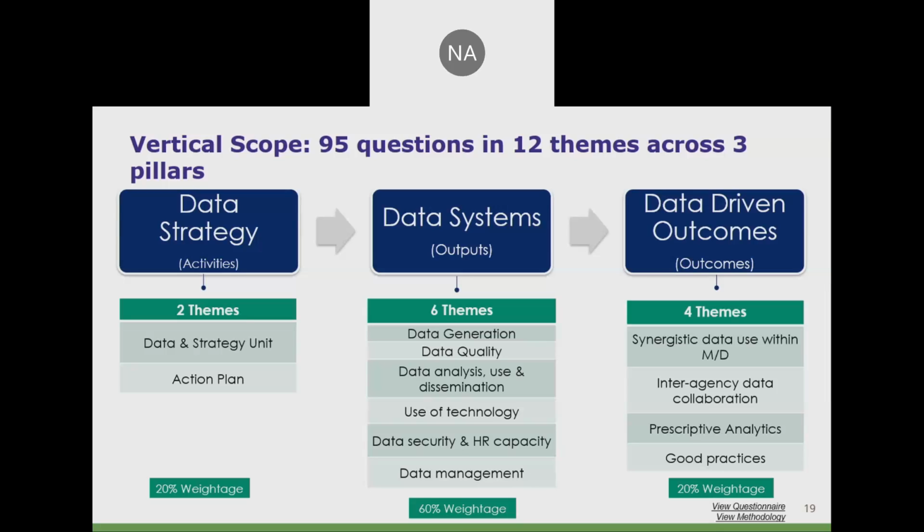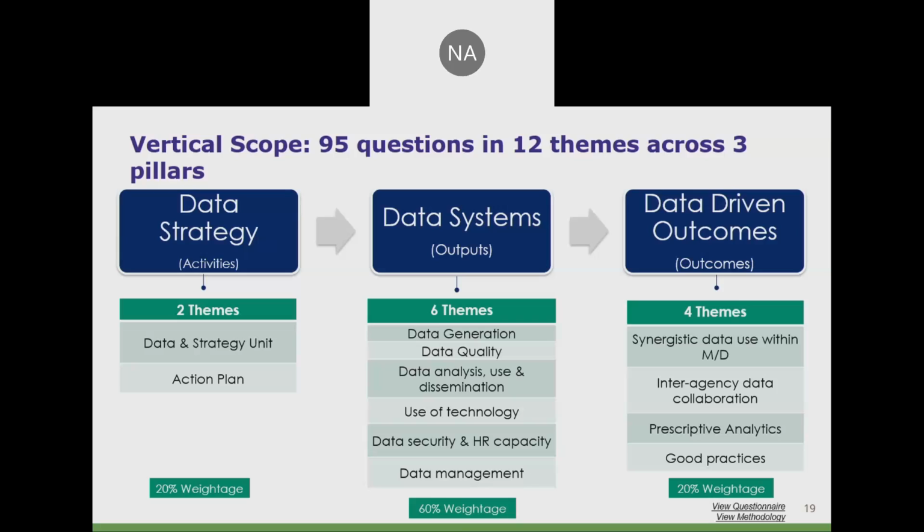So as we explained, we undertook this exercise in a self-assessment mode, so the 25 questions which were spread across 12 themes broadly covered under these three pillars. So the three pillars are essentially the three steps that we identified as the steps to better data preparedness levels in governance.